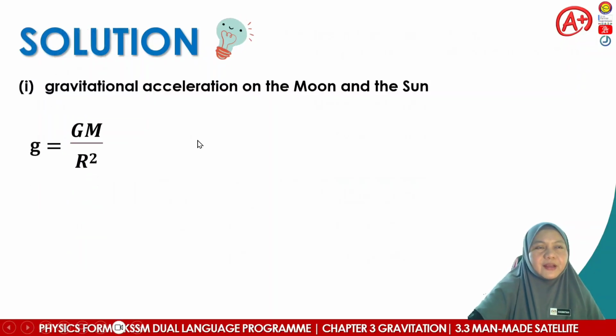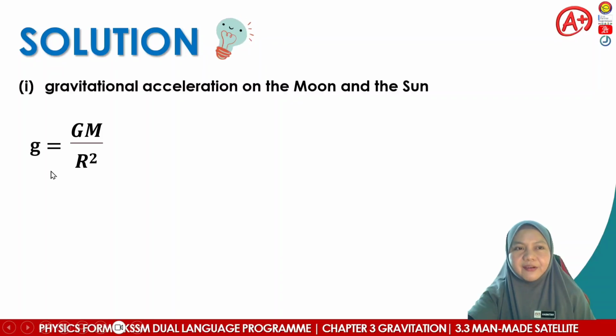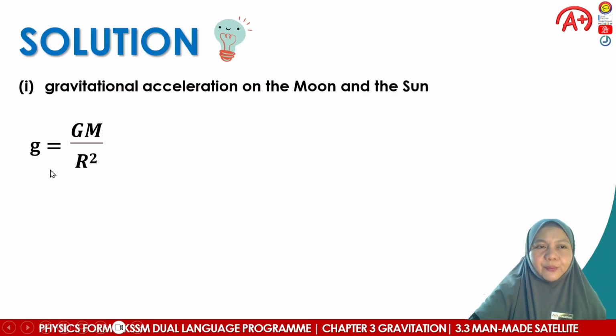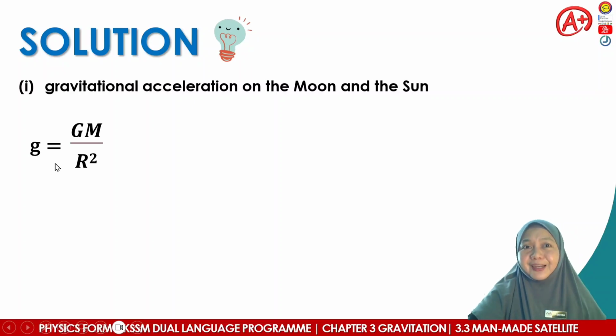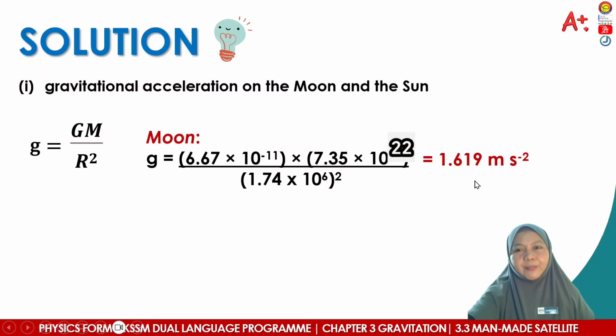Okay, we look for the gravitational acceleration first. So this is the formula for gravitational acceleration. Remember, we learned this in the first content standard 3.1 earlier, so you can refer back to the video. So g equals GM divided by R squared. And for the moon, the gravitational acceleration is about 1.619 meter per second squared.